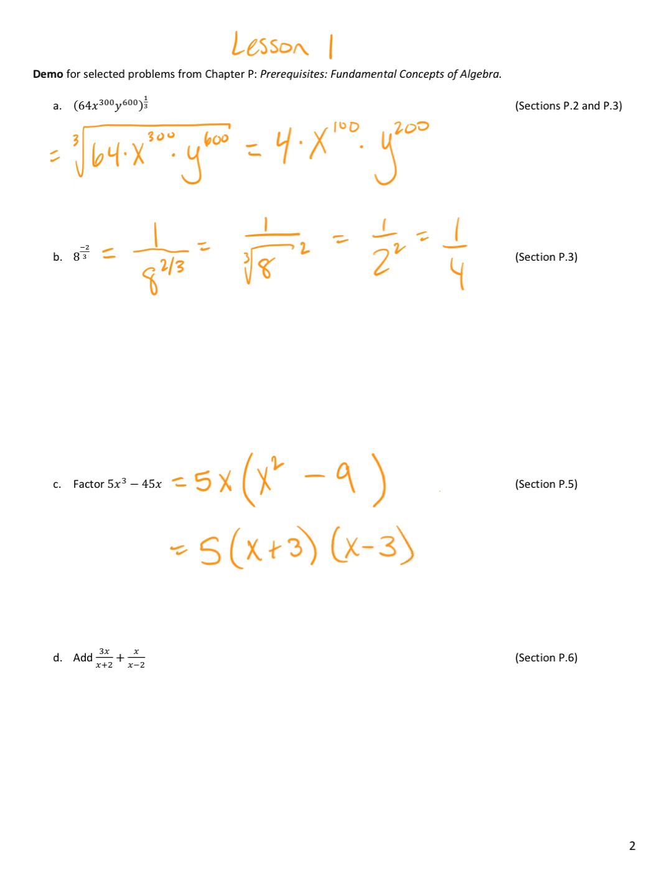And then finally, I want to add these 2 fractions, 3x over x plus 2 plus x over x minus 2. And we all remember that to add 2 fractions, you need a common denominator. So I'm going to write this as 3x over x plus 2 plus x over x minus 2.